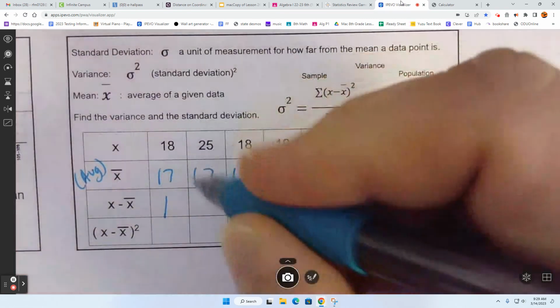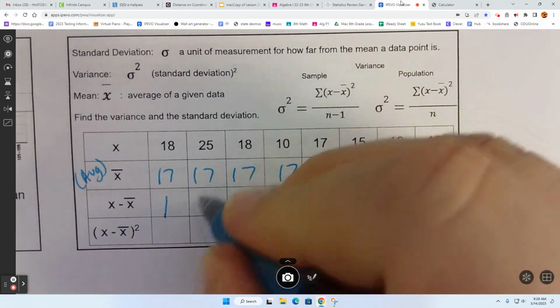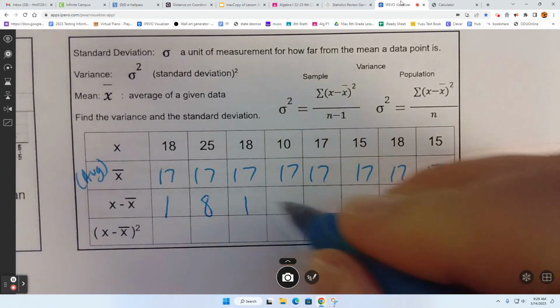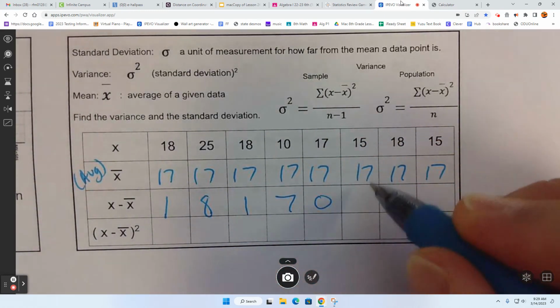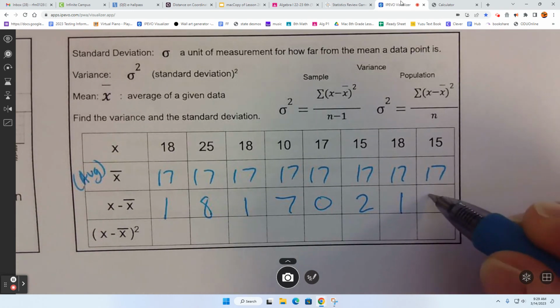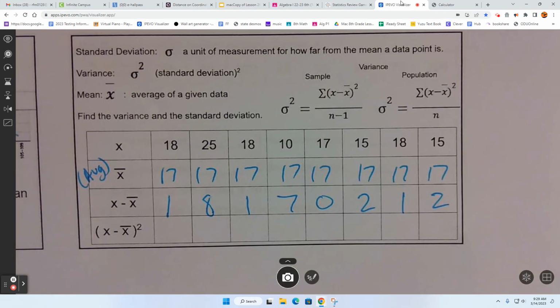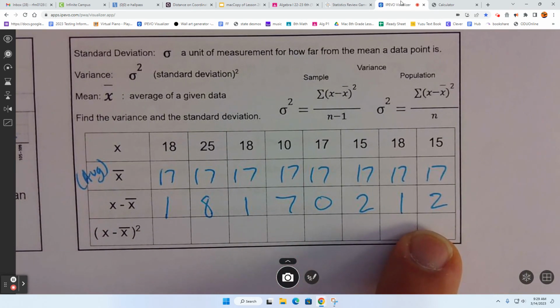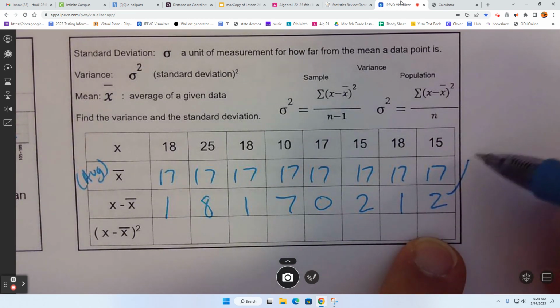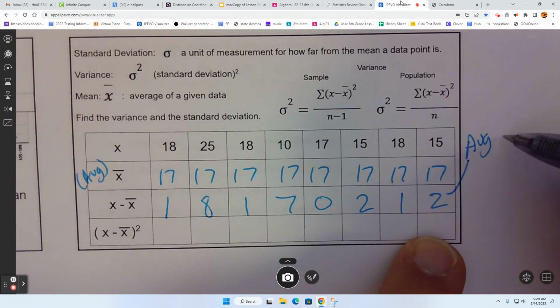So I'm going to just kind of ignore the positives and negatives because it doesn't really matter. 8, 1, 7, 0, 2, 1, 2. If I take the average of these, what is that? It's the MAD. Okay. So if I take the average of this, that's the MAD.